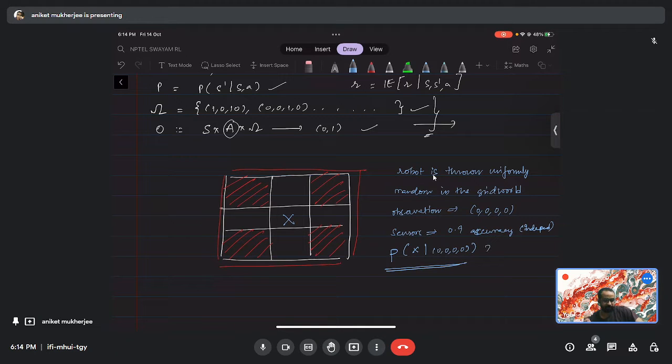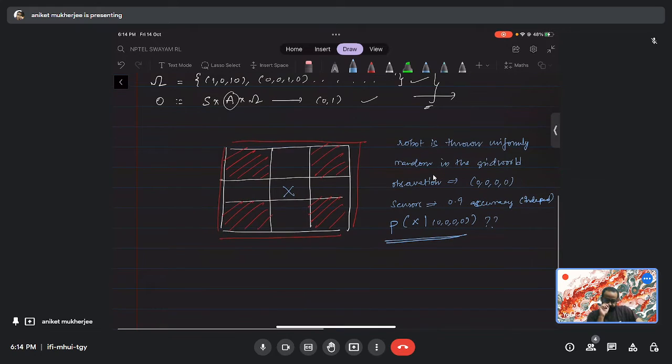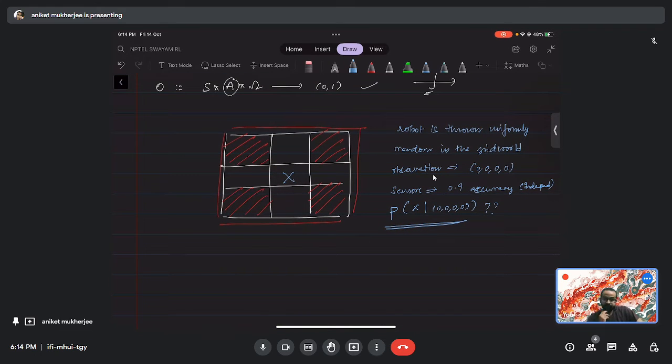How do you do this? Now you understand the question? Yeah, so given that I'm at X. No, it's not given that you're at X. You got an observation, so the observation is 0, 0, 0, 0.